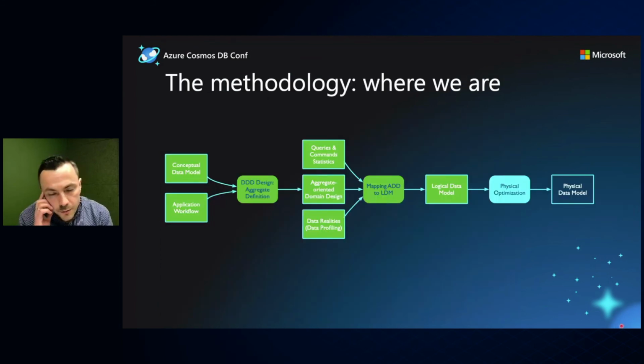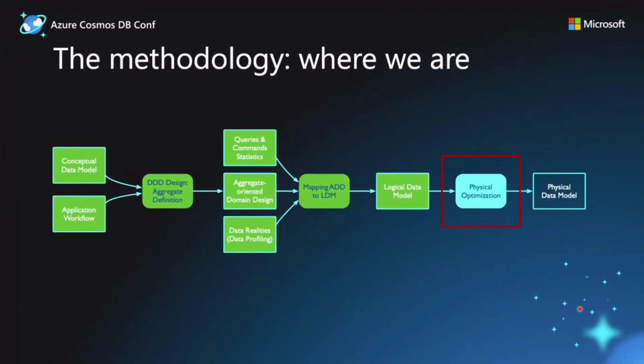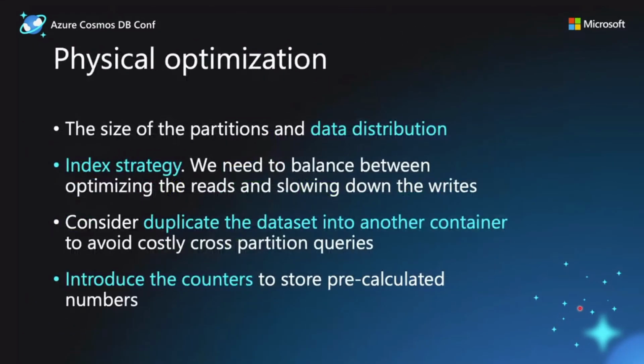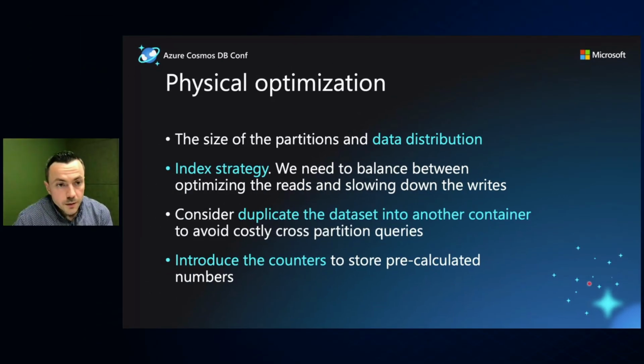Now we are really close to the end and would like to concentrate on the last piece, which is physical optimization. What does it mean? When we're talking about physical optimization, you can apply different techniques and consider different aspects. First of all is reviewing the sizes of the partitions, just tracking whether we have too big or too small partitions, and how our data is being distributed.